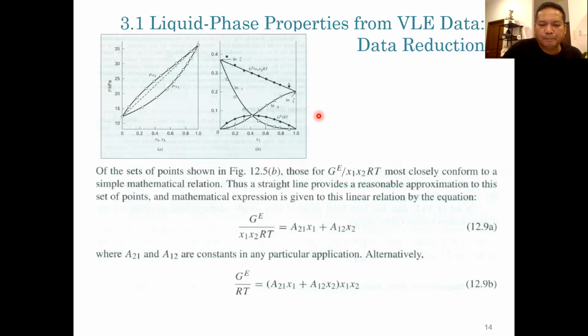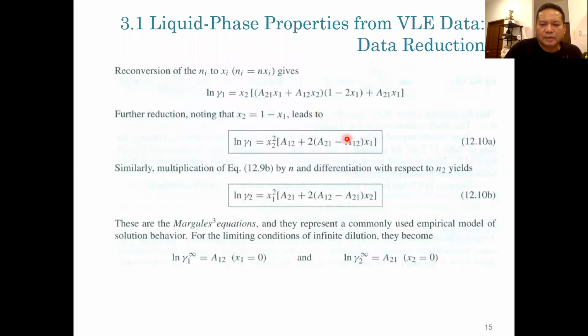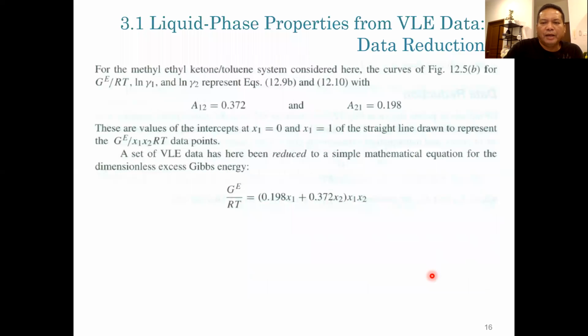From there, we can get this equation here. When x1 is 0, A12, and this is A21. From the result of the experiment plus the calculation, we can find this coefficient here.